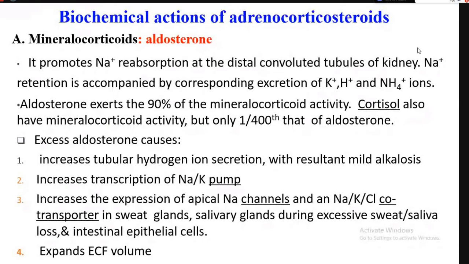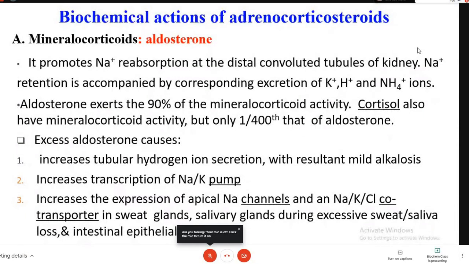Now, if there is excess aldosterone, mineralocorticoid hormone, what happens?